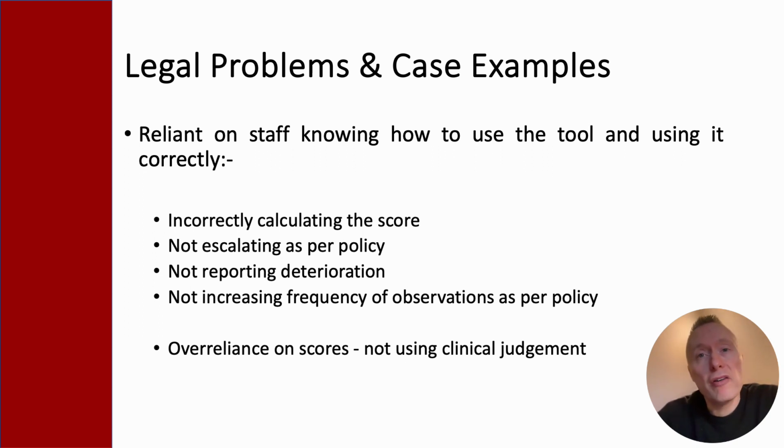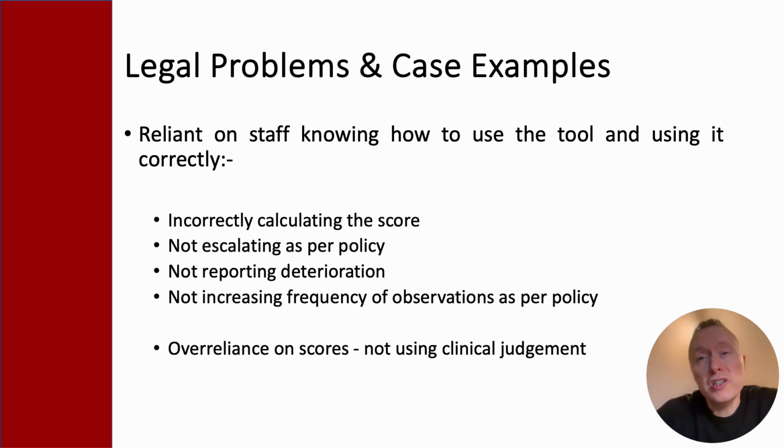So they may have, for example, incorrectly calculated the score. They've incorrectly calculated the scores from the 6 individual physiological parameters. They may have calculated the score correctly in some other cases, but then there has been a failure to escalate according to the healthcare policy for their environment.